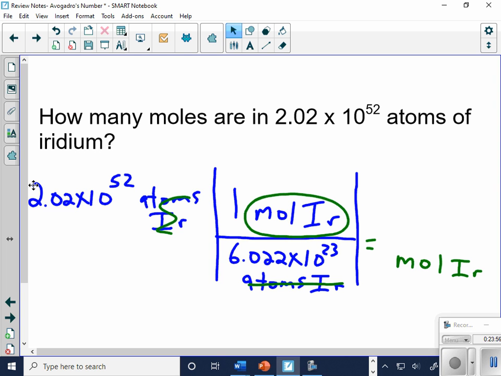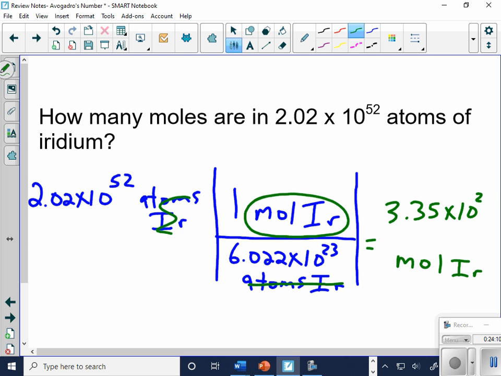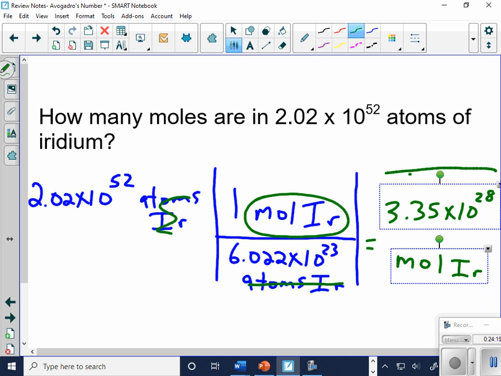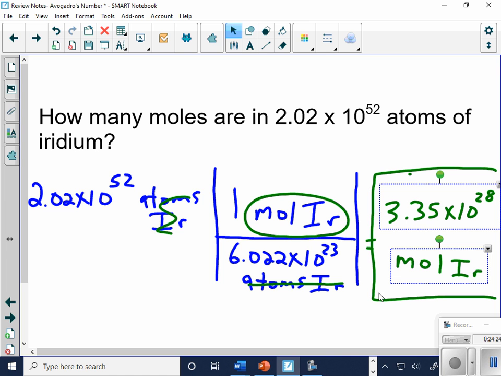And it's going to give me the answer of, with 3 sig figs, 3.35 times 10 to the 28th. So I was close to that 29 that I ballparked it in at. So I'm going to square that up here, and that is my answer here.